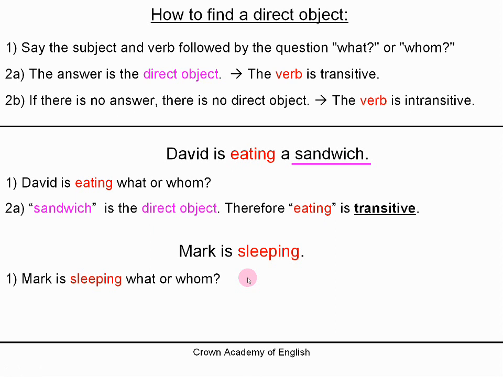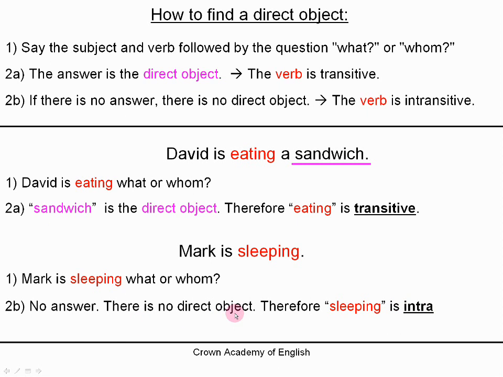In fact, the question doesn't really make any sense. So, since there is no answer, that means that there is no direct object. And therefore, sleeping is intransitive. So this is a very useful way to identify a direct object in a sentence.